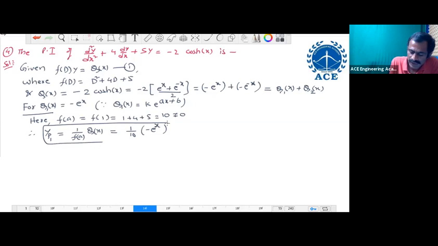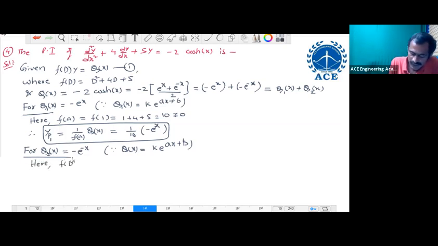This is yp1. And for the next function, q2 of x equal to minus e power minus x. Again, this is in the form of q of x equal to k into e power ax plus b. Here a equal to minus 1.